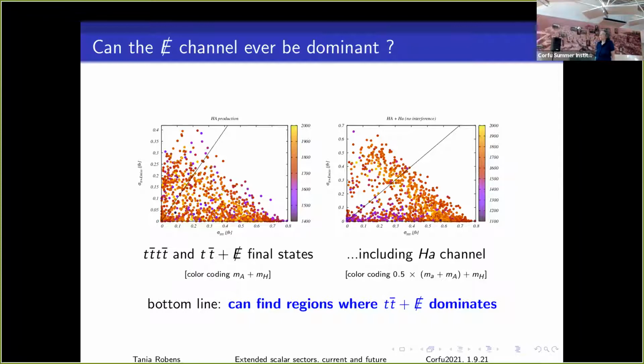This is calculated in a factorized way, so not the full generation of the cross section, but production times branching ratio, so your real results might differ a bit. And this is only via HA. If you include the H and the small a in addition, but again without interference and so on, then you have an even larger parameter space. So the bottom line is that you can find regions where t tbar plus missing energy dominates.